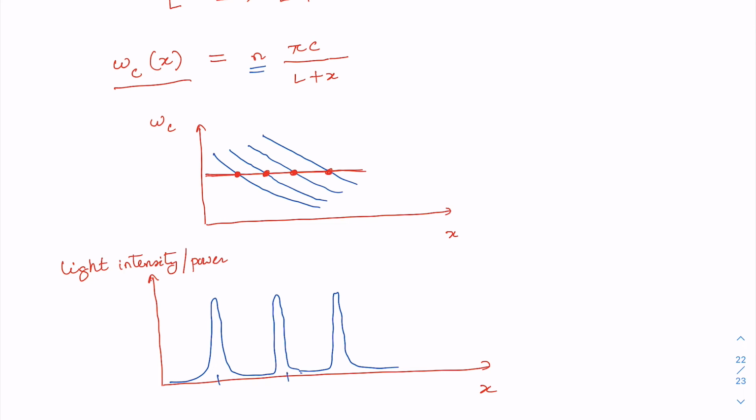Now we know that the light power is actually proportional to the radiation pressure force. So clearly this diagram is also a diagram of force versus position. Rather than light intensity or power, we can simply say that this is actually the radiation pressure force.